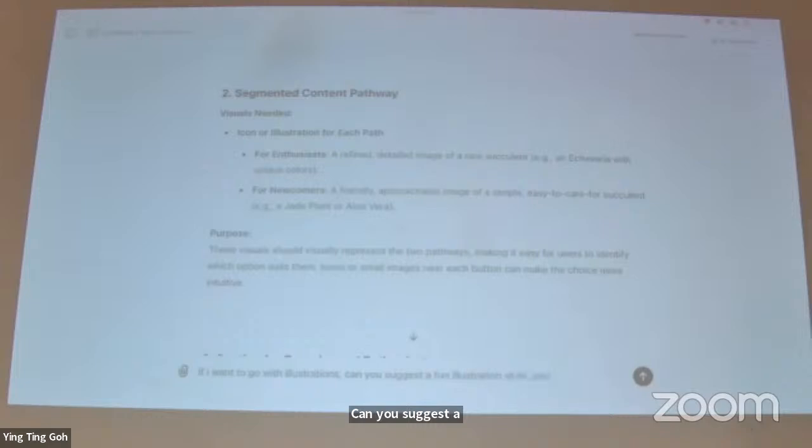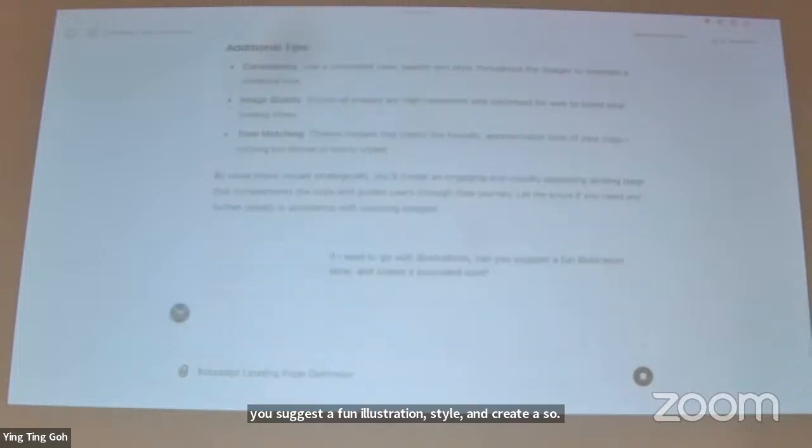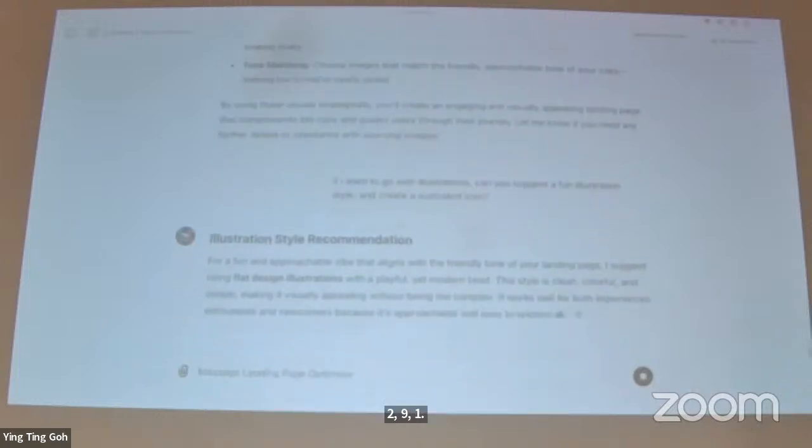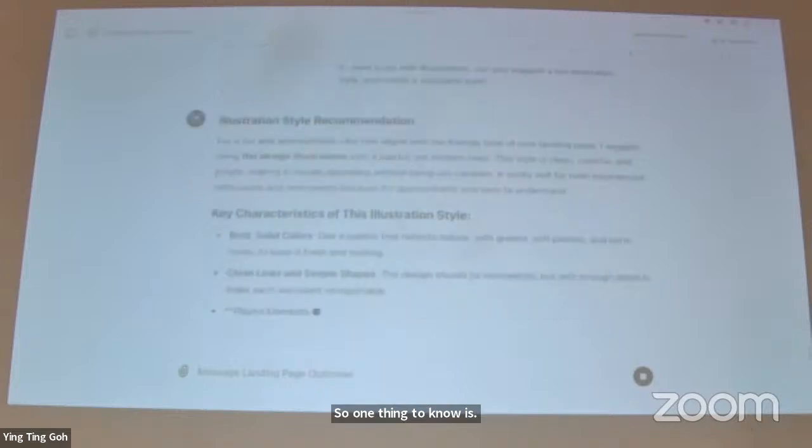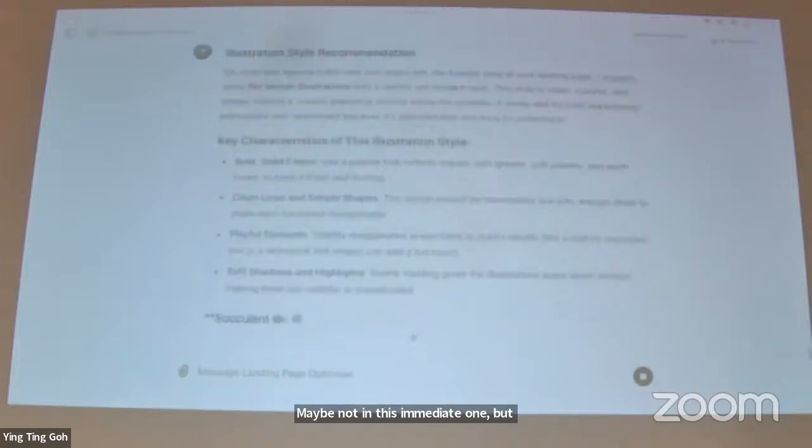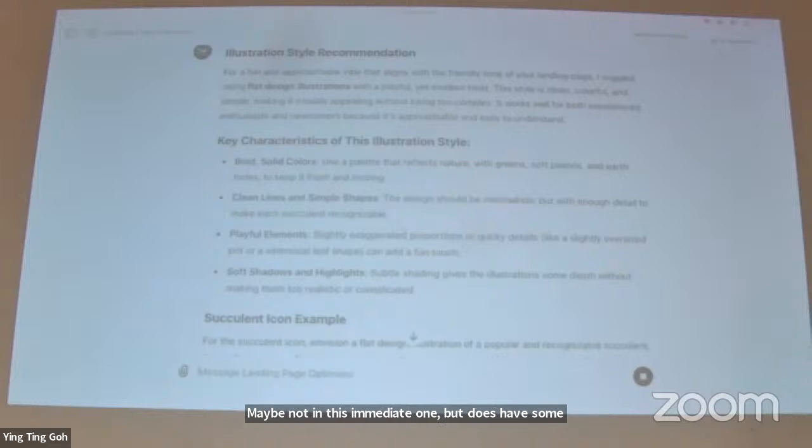Then let's say if I want to go with illustrations, can you suggest a fun illustration style and create a succulent icon? So one thing to note is, maybe not in this immediate one, but ChatGPT does have some image creation options.